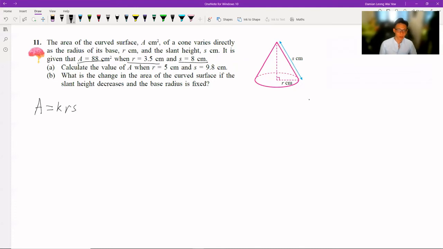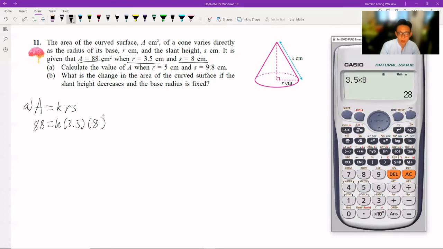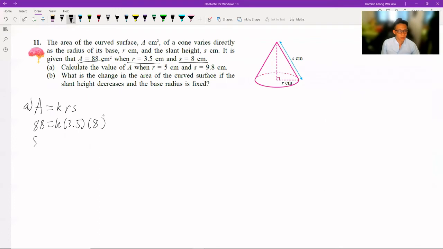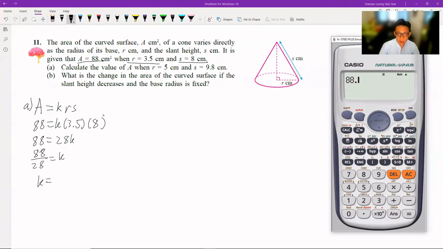First I need to form the equation, so I need to find K. Substitute these three values. 88 equals K times 3.5 times 8. Let's multiply this first. 3.5 times 8, get 28. So 88 equals 28K. 88 over 28 equals K. Times opposite divide. K will be 88 divided by 28. I will get 22 over 7.